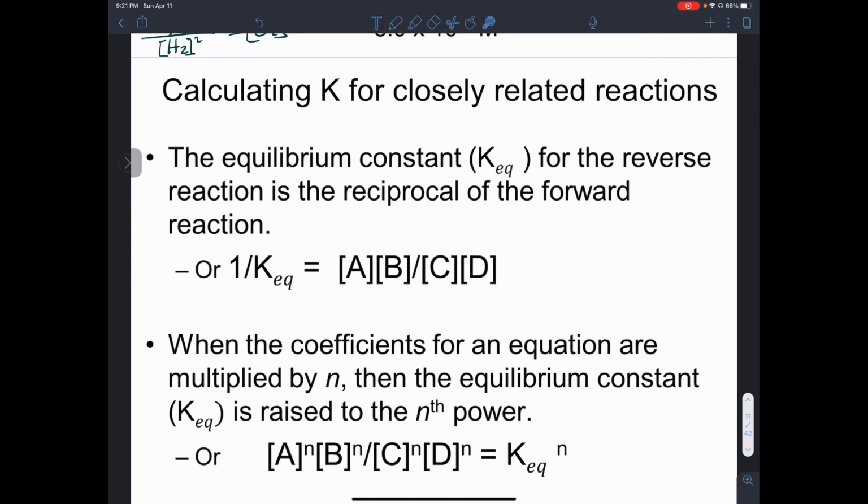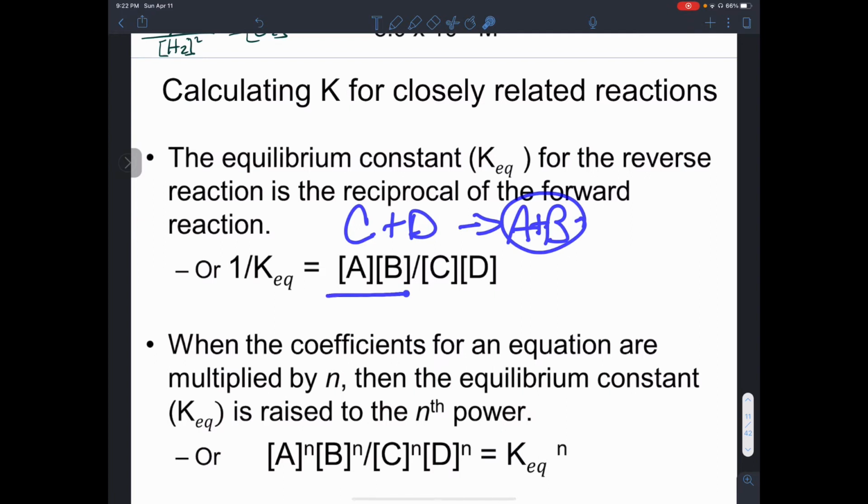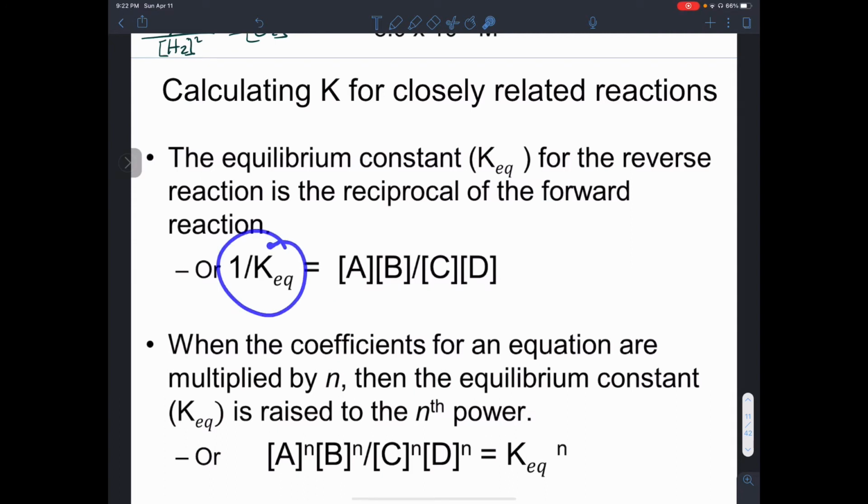So if we take a reaction that was A plus B equals C plus D, and we flip that around so that it's now C plus D is A plus B, right? That's the reverse reaction. In this case, A and B would be in the numerator, right? And C and D would be in the denominator. So if you knew the KEQ value already, you could just simply take the reciprocal of it. You wouldn't have to plug everything in. So it's a nice little shortcut.